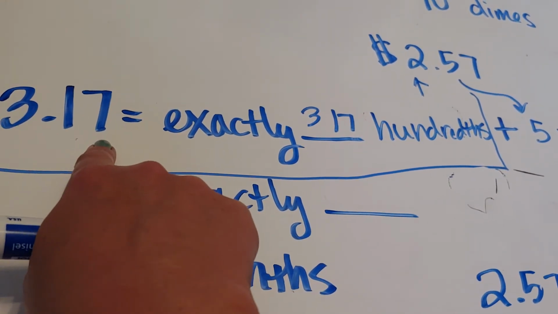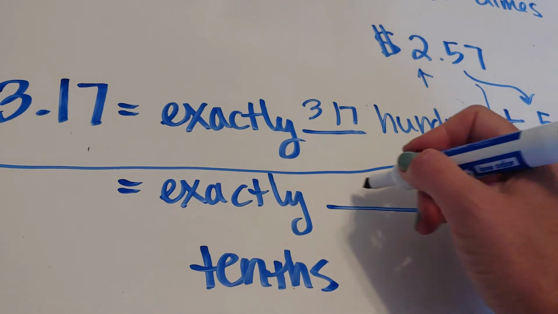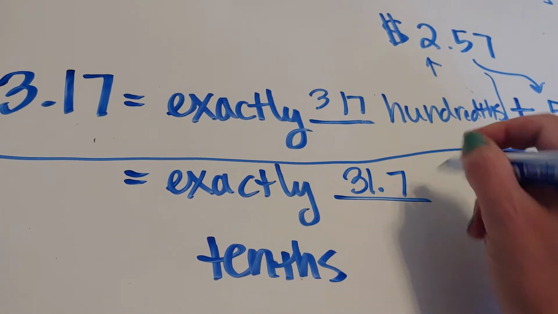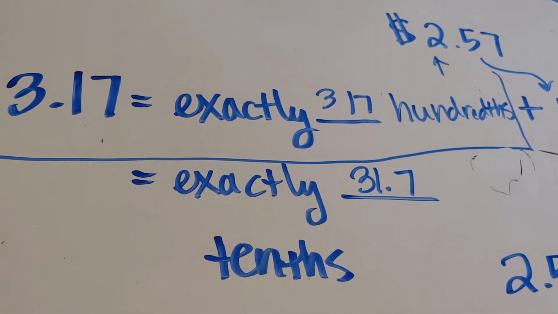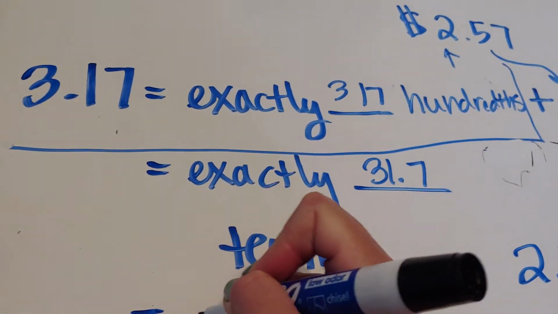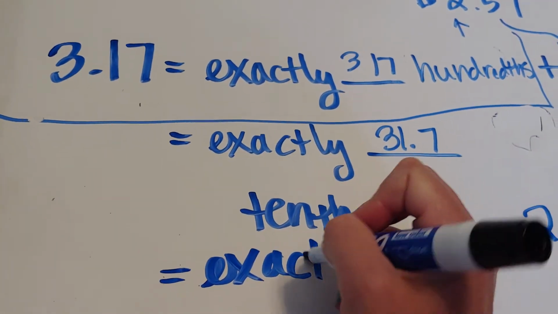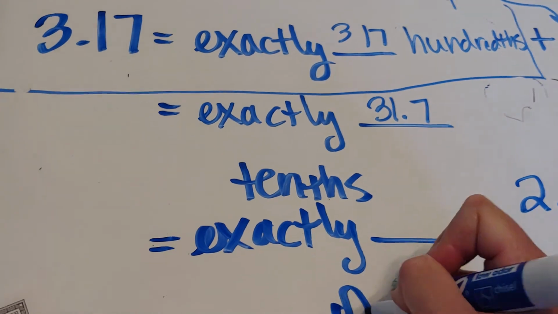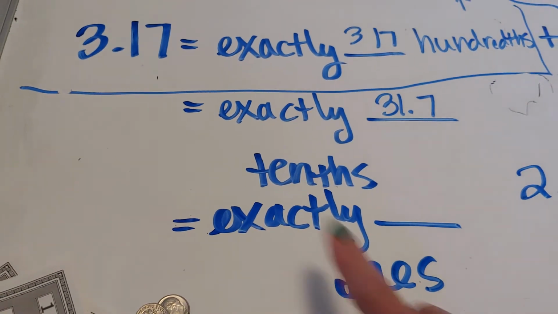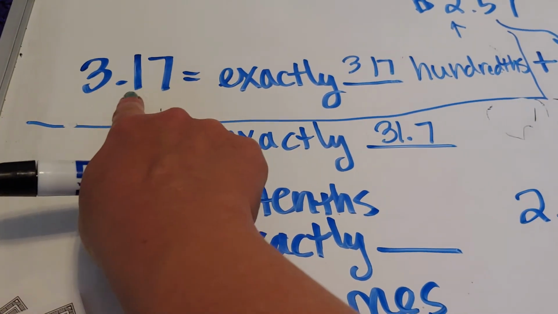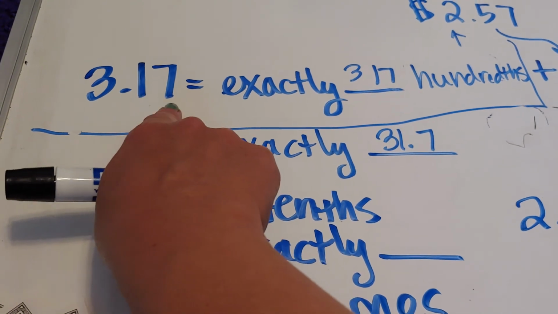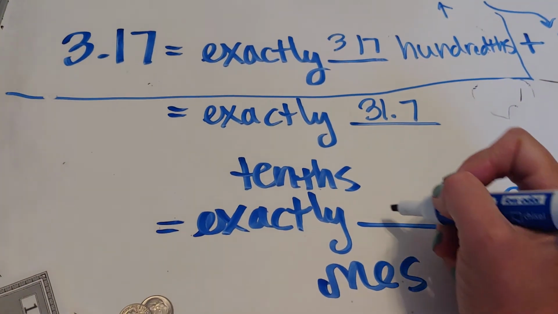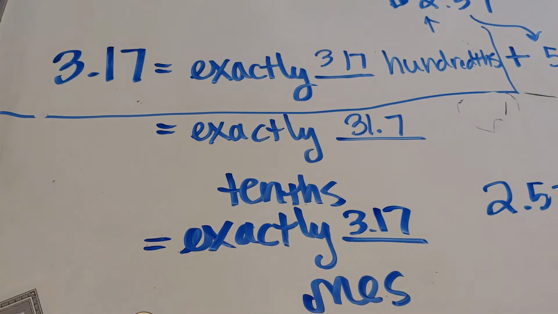This 7 cents is a part of a dime, so it'd be 31.7 tenths. Okay. And if I want to know exactly how many ones, well, there's 3 whole ones, and this doesn't make up a whole dollar bill. This is a fraction of it. So it would be 3.17 ones.